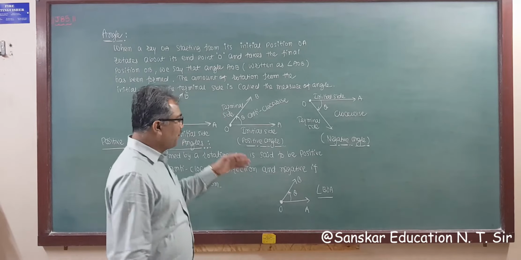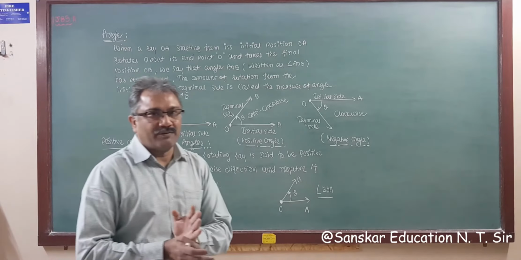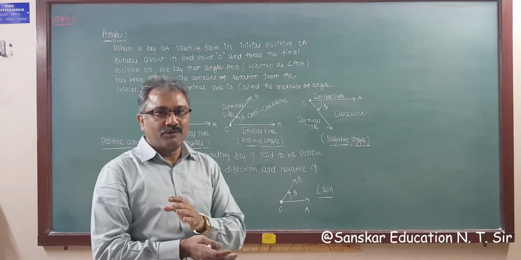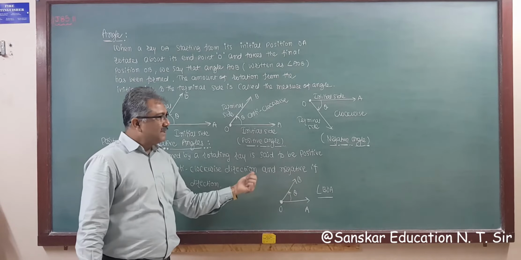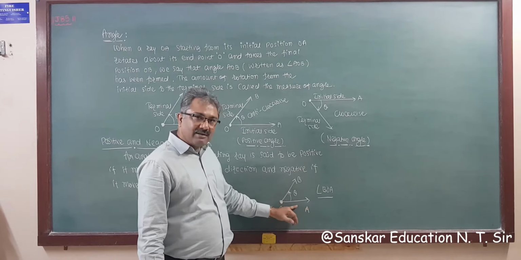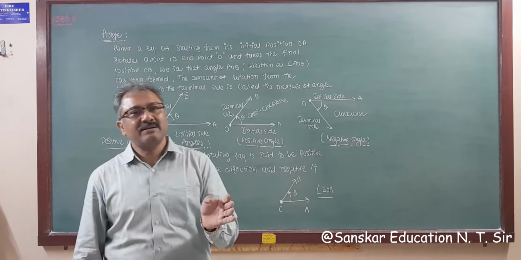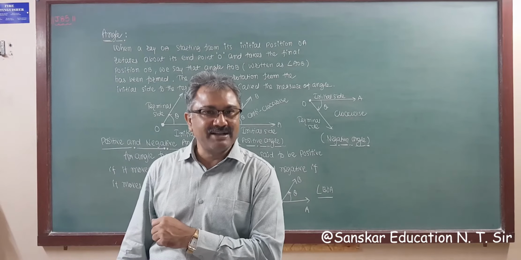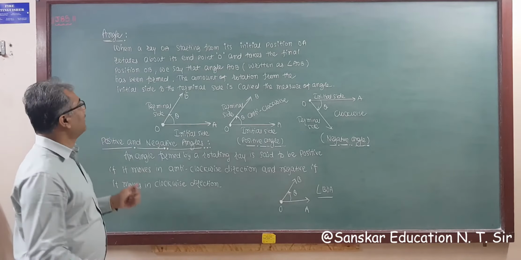So we define angle here by the amount of rotation of rays with respect to the initial ray. So let us start with the definition of angle, the new concept.